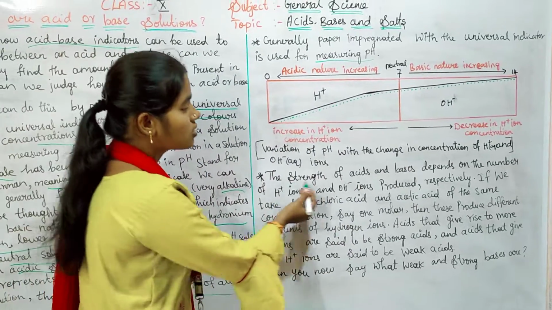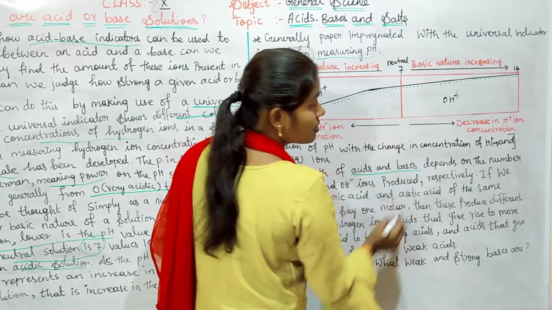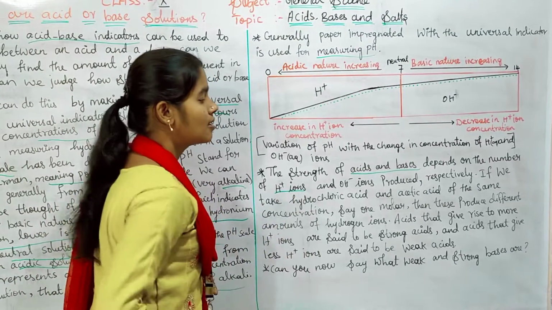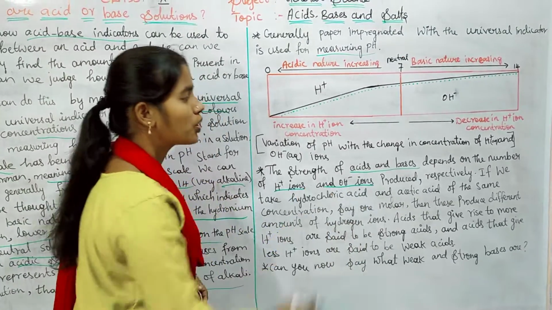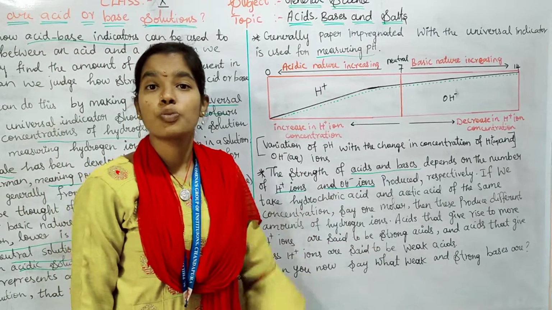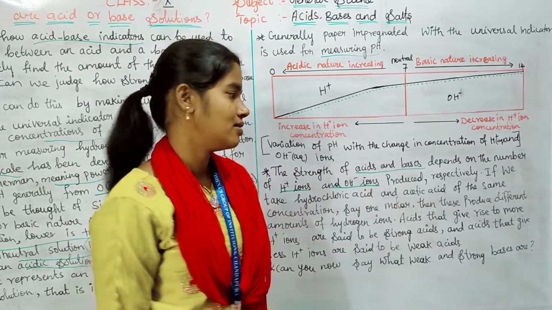The strength of acids and bases depends on the number of H plus ions and OH minus ions produced respectively. The acid depends on H plus ions, and the base depends on OH minus ions.